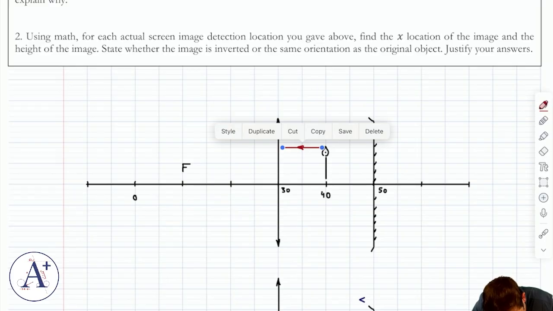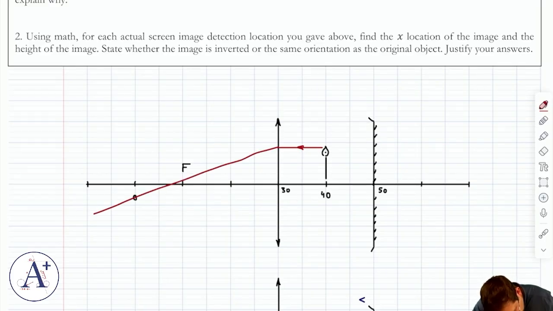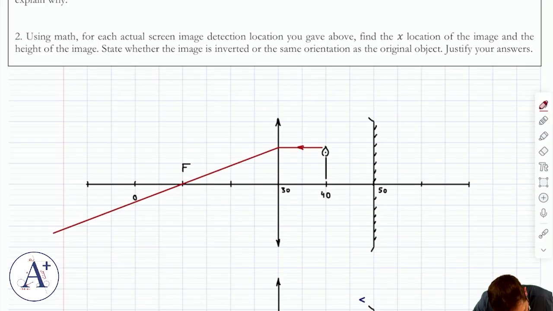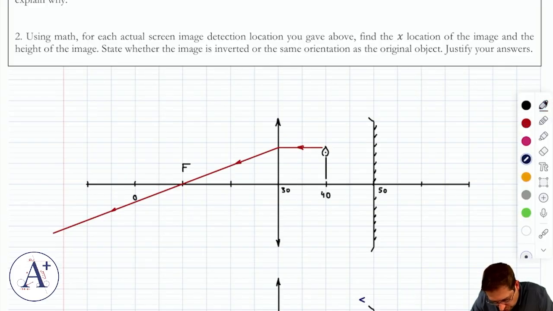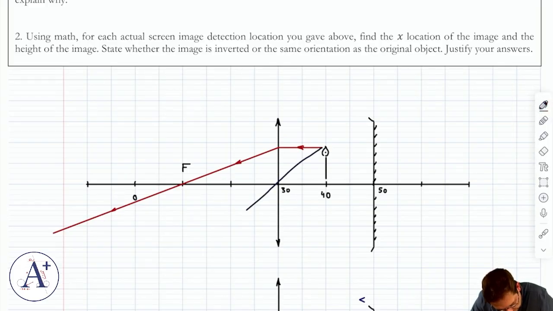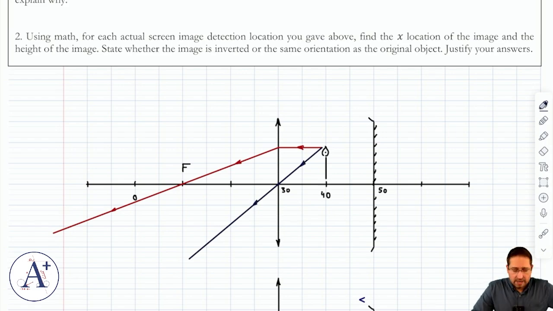I'm going to draw the ray of light that is parallel to the optical axis and emerges through the focal point of the lens. And then I'm going to draw the ray of light that goes through the center of the lens and is not deflected. I know that images form where emerging rays intersect or appear to intersect.